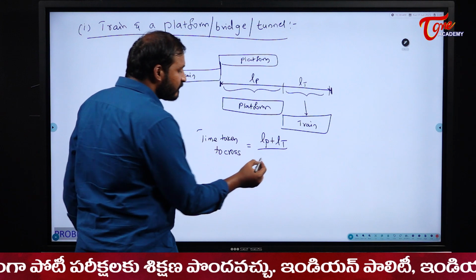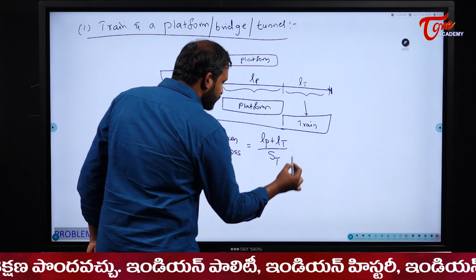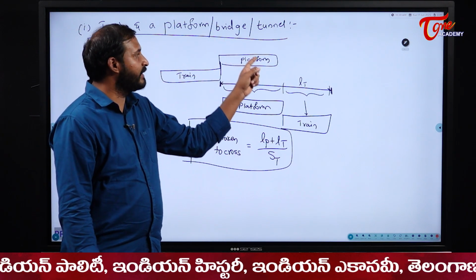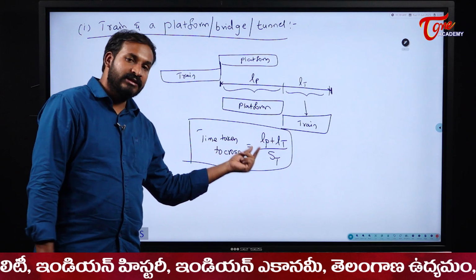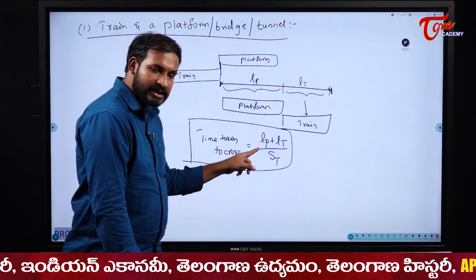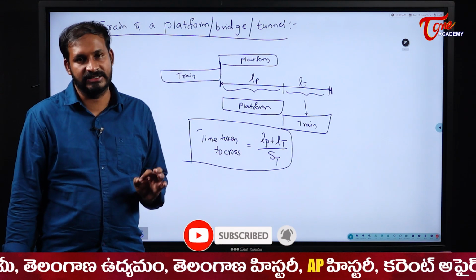Only one moving object, the train. So, speed of the train. Time taken to cross in the case of train and a platform or bridge or tunnel is length of platform plus length of train by speed of the train. Here LP means length of platform, LT means length of the train and ST means speed of the train, students.